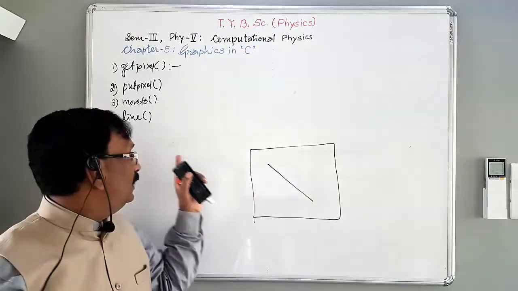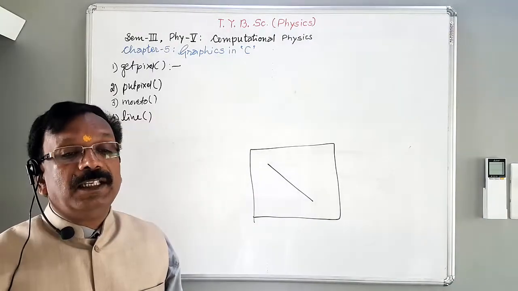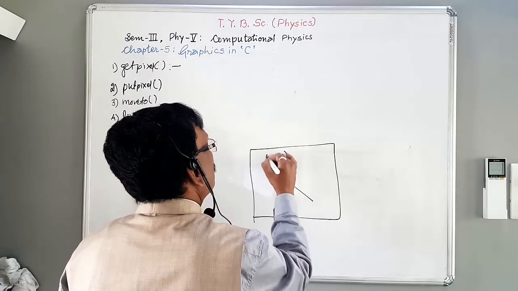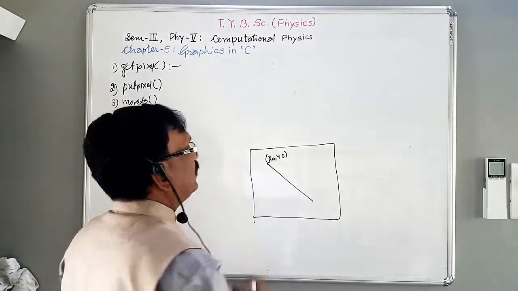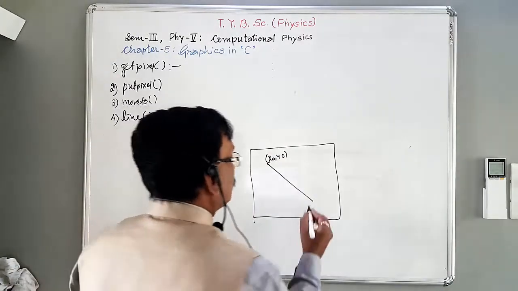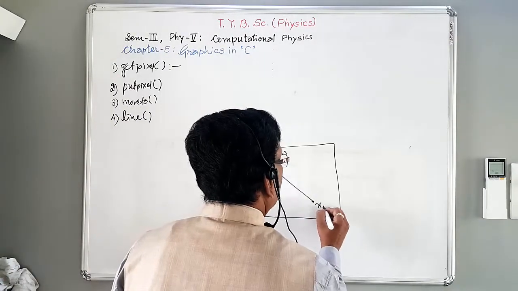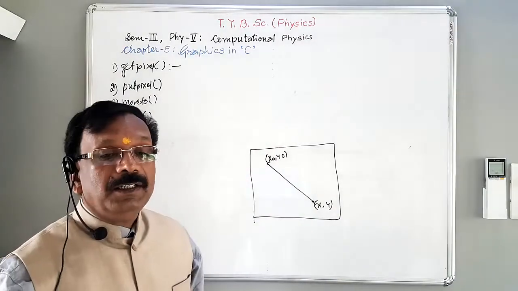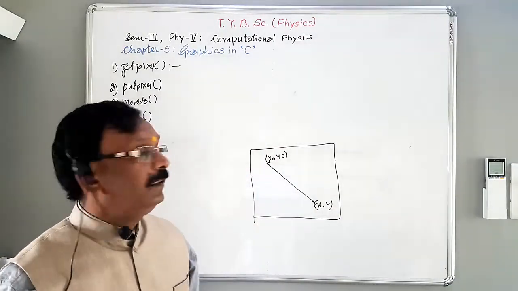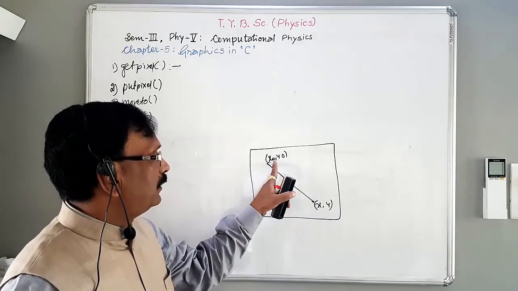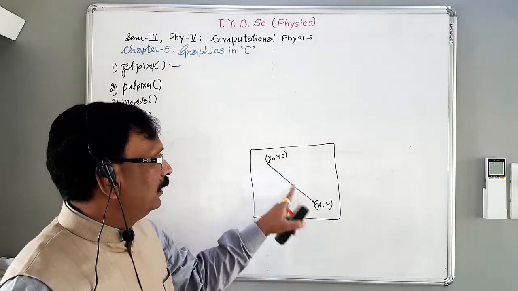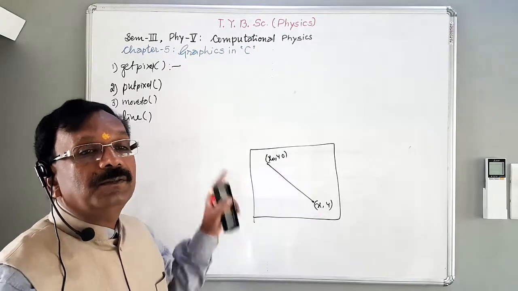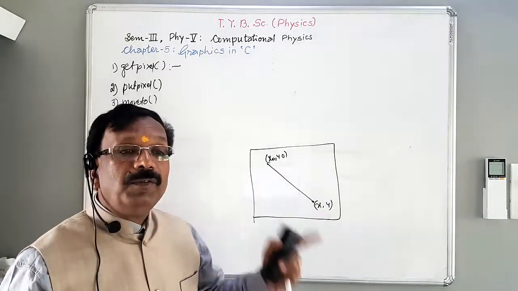The line function draws a line from the x0, y0 coordinate of the first pixel, the initial position, to the new position x, y. In this way, we can draw the line from x0, y0 coordinate to the new position xy coordinate by using this function. Okay. Now what will be the syntax?